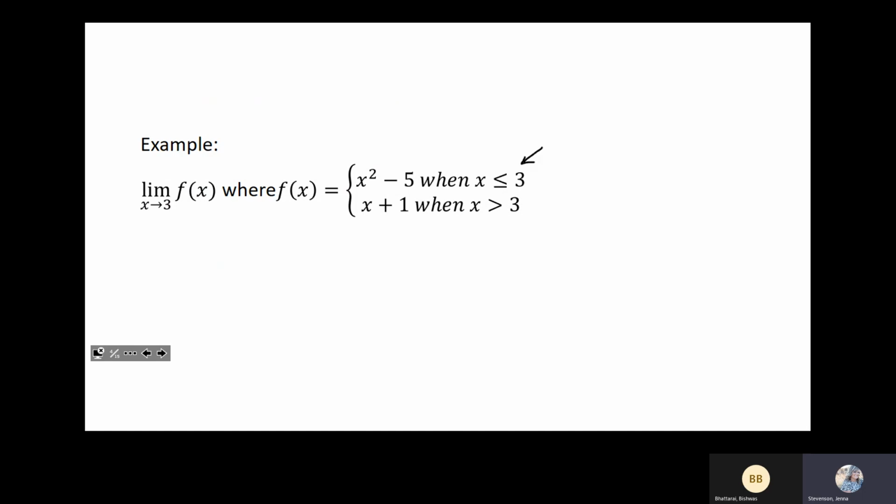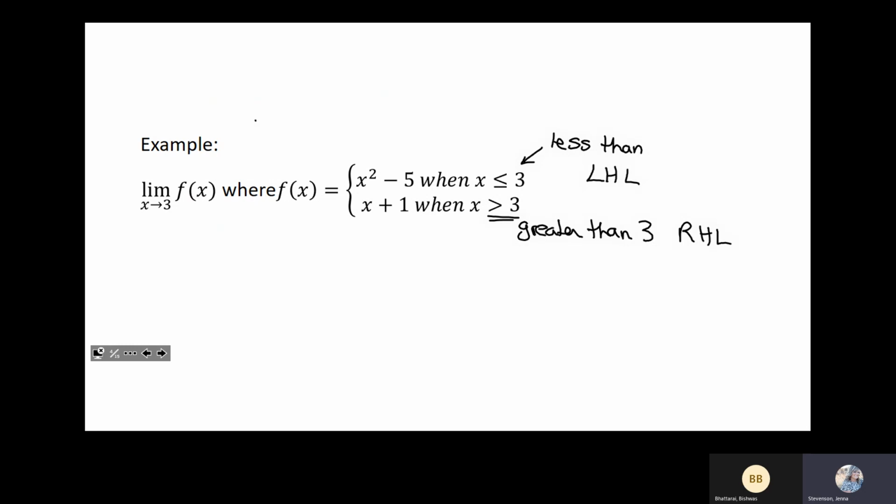This one, because it's less than 3, represents the left-hand side. Okay? This one, being greater than 3, is the right-hand side. Okay, so it's good to identify which one's the left and which one's the right.